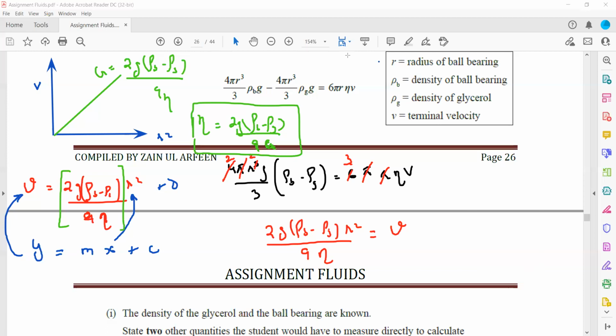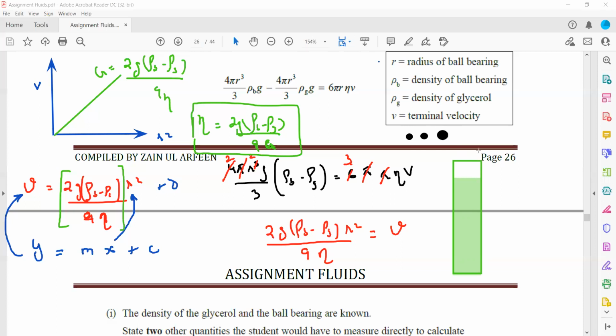So we plot a graph between those parameters which can be changed. When we repeat the experiment, we allow the object to fall through the liquid, so we can change the size of the ball bearing. We can use a very small one, then a moderate size, then a bit larger.